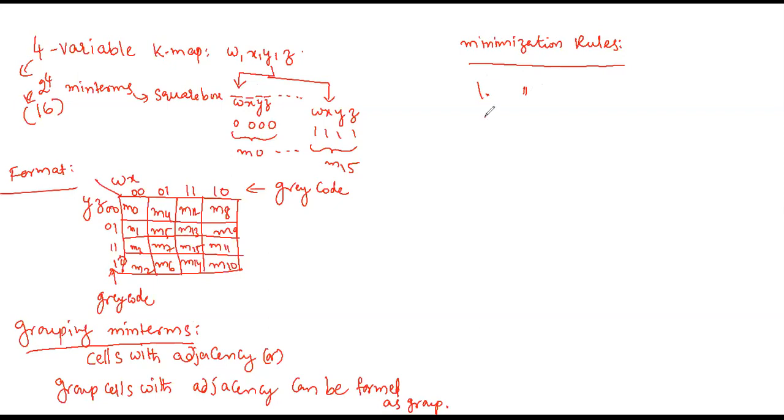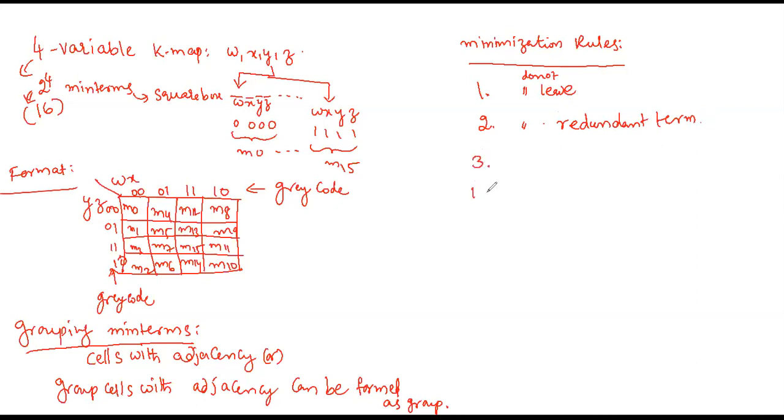The second rule is also the same as for 2-variable and 3-variable: there should be no redundant term in the final expression.